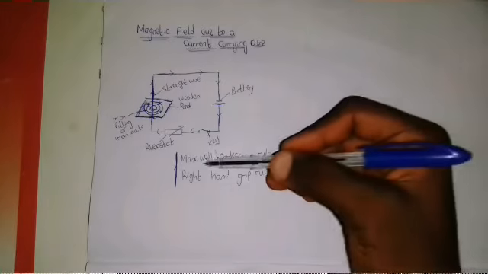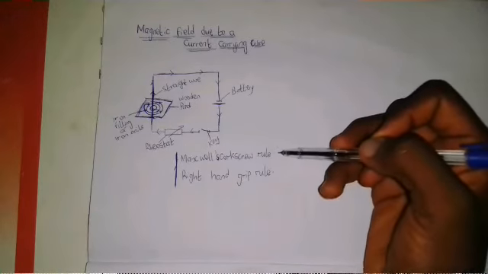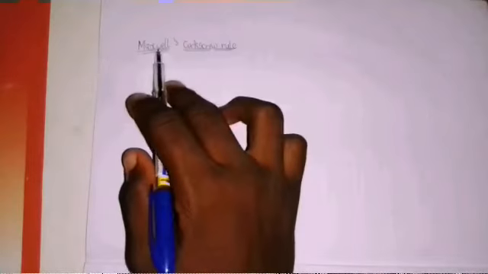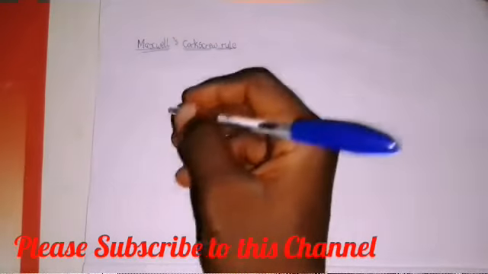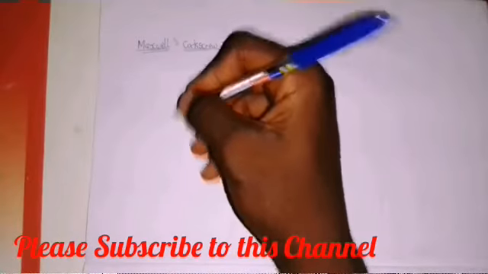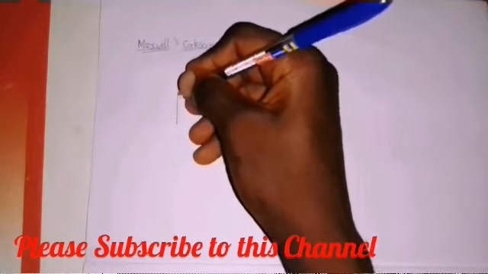Now we move to the Maxwell corkscrew rule. To explain the experiment which we did earlier, current was passed through a straight wire.